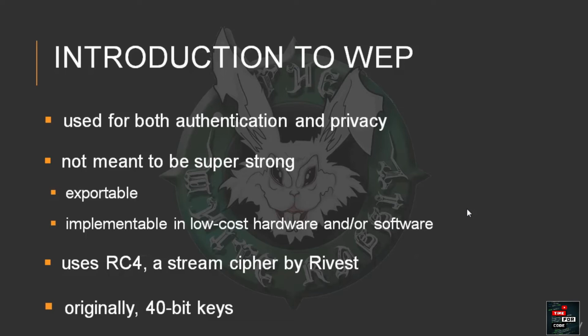So effectively then you only have 40-bit keys. Later on, 128-bit keys were added as an option, but in that case you still have the same 24-bit initialization vector. You subtract that away and you get 104 bits of variable bits. So it's either 40-bit or 104-bit keys.